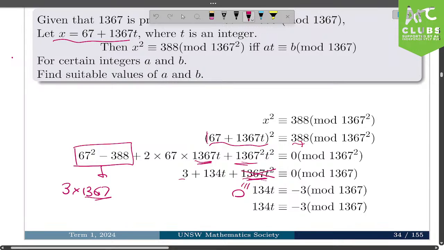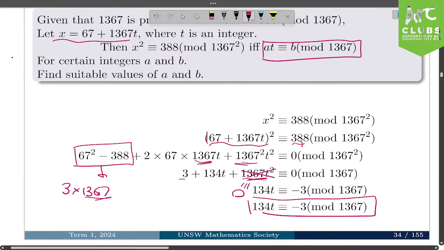And we get 134t is congruent to minus 3 mod 1367 as desired. So since we want our A and B here, our A is equal to 134 and our B is equal to minus 3.